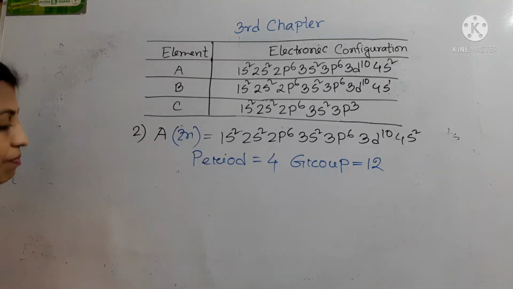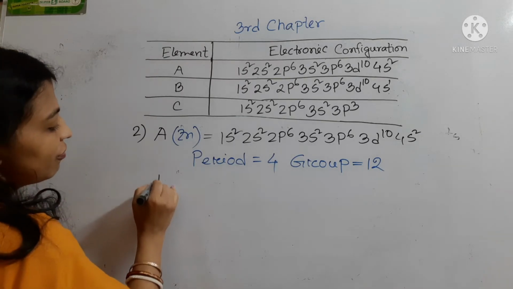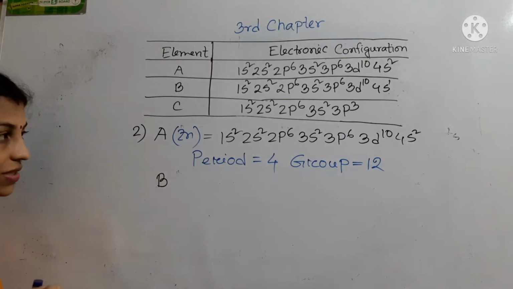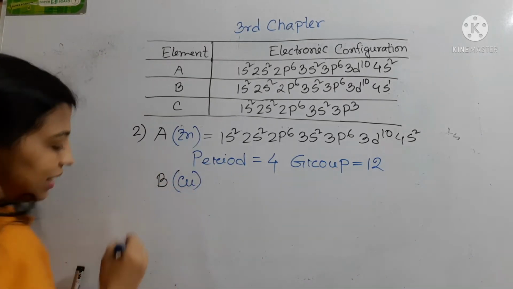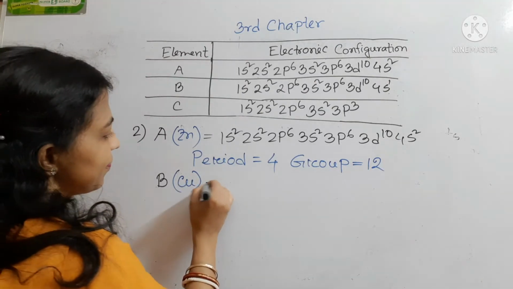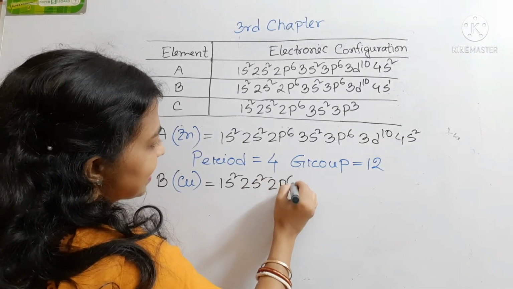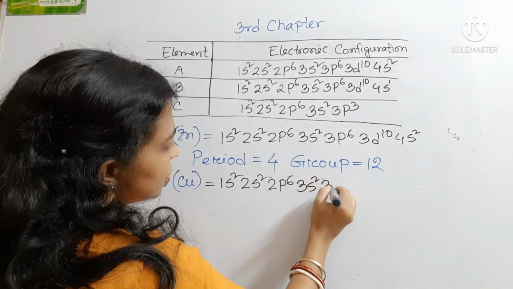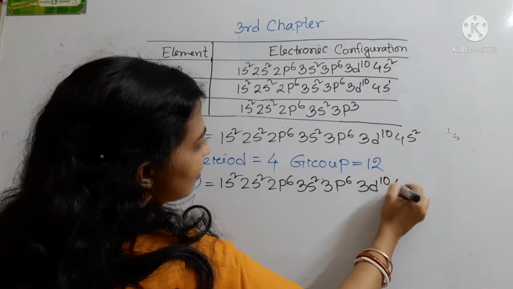Now come to B. You know from our previous discussion, B is copper. Its electronic configuration which is given in the STEM is 1s2, 2s2, 2p6, 3s2, 3p6, 3d10 and 4s1.